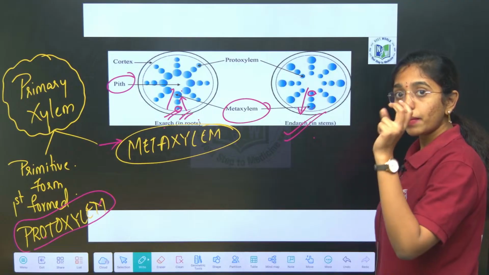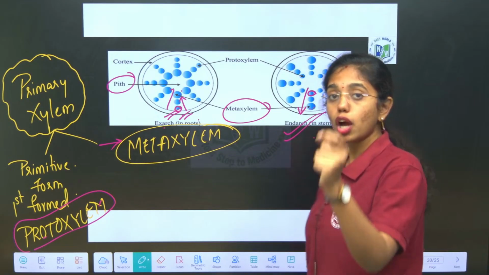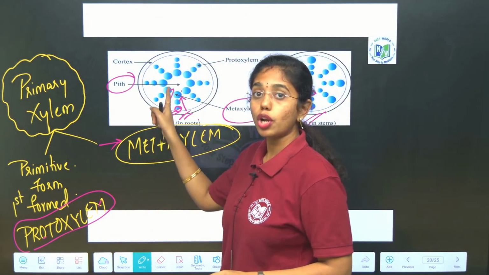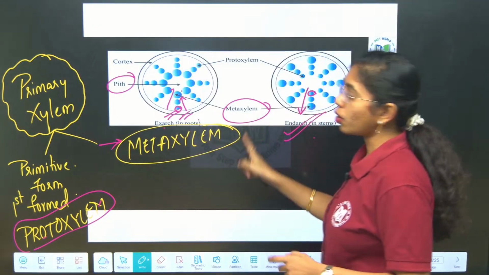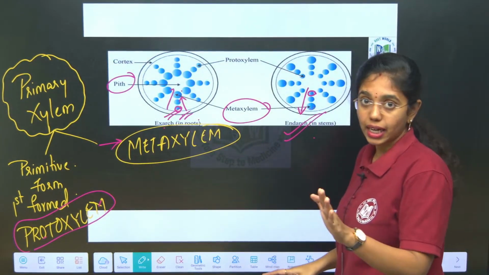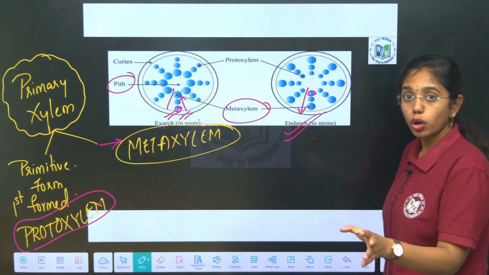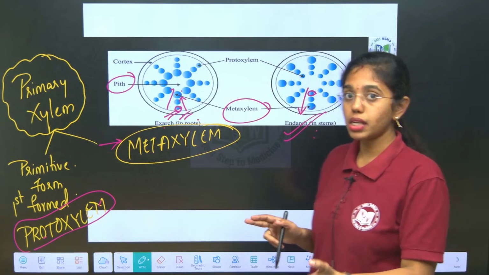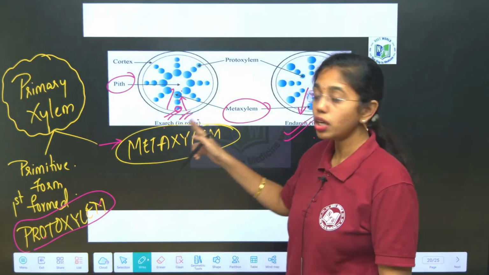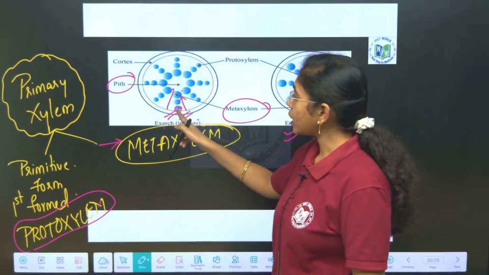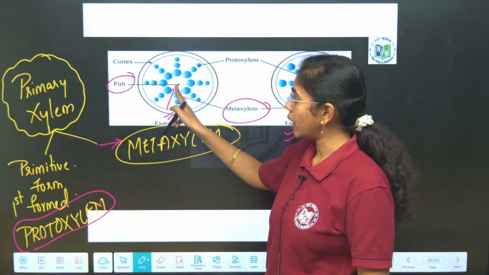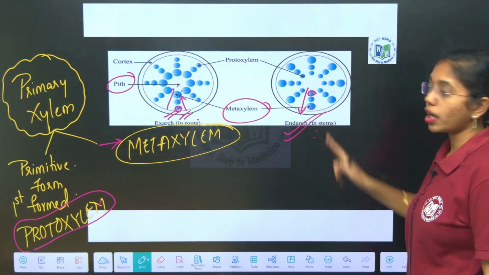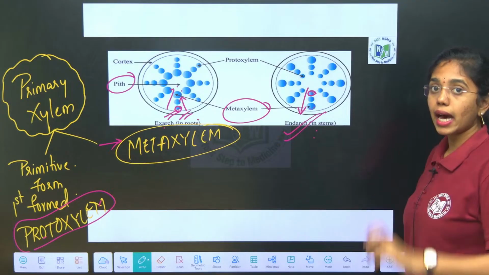This is based on primary xylem, not secondary xylem, which has no role in deciding exarch or endarch. If protoxylem is towards the periphery and maturing to the center, it is exarch; if protoxylem is at the center and maturing to the periphery, it is endarch.